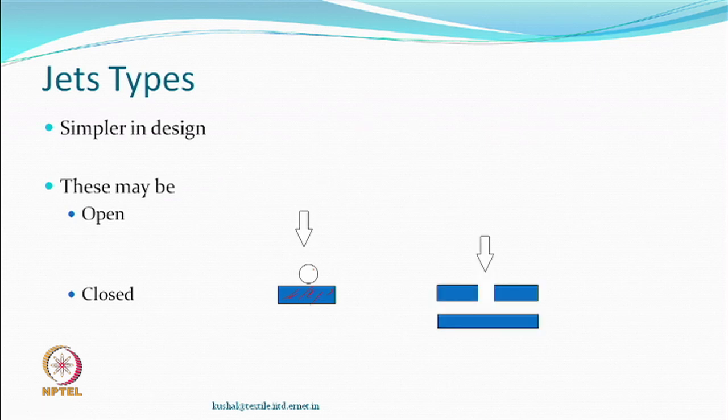Closed one would be something similar, where the yarn is passing, it is inside a channel or an orifice. So, you have a cylindrical hole, so it is closed and the compressed air is being impinged. So, these are two things which you tried.